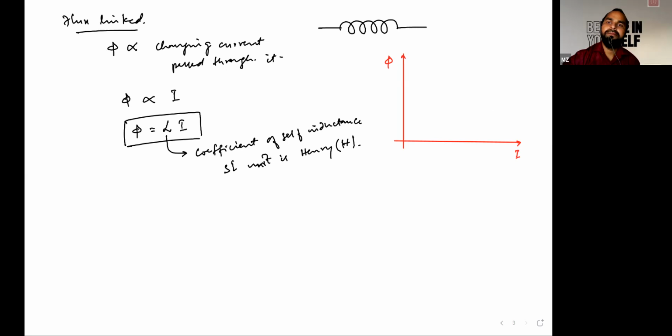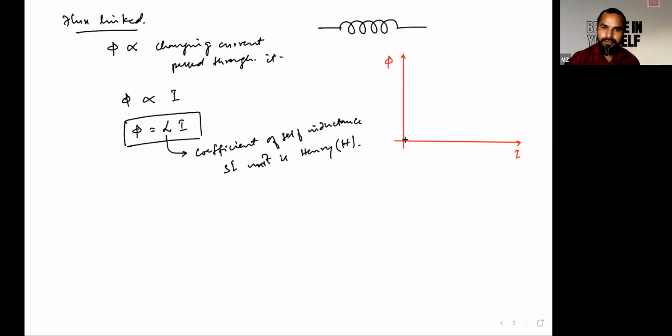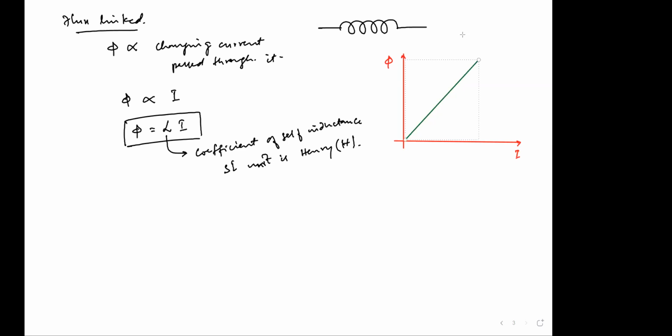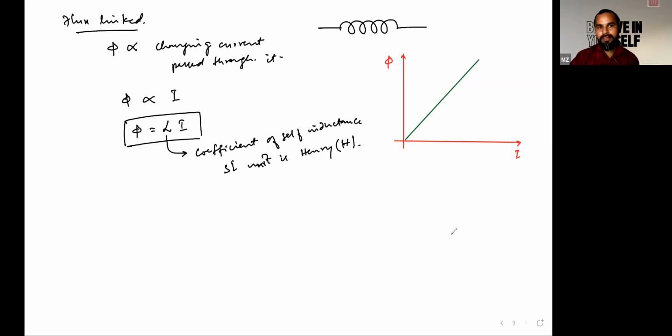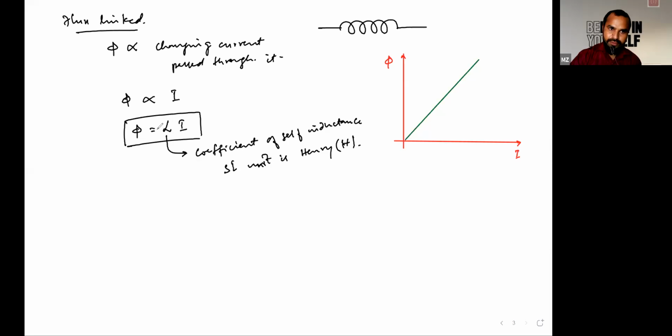Noor? It's a straight line starting from the origin. Good. The slope of this straight line defines the coefficient of self-inductance. If you rearrange, L equals phi over I, perpendicular over base, which is the slope of the flux versus current graph. So the slope of this graph is the coefficient of self-inductance.